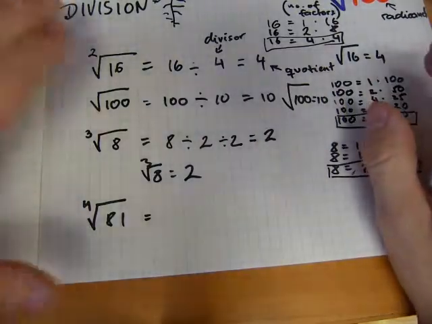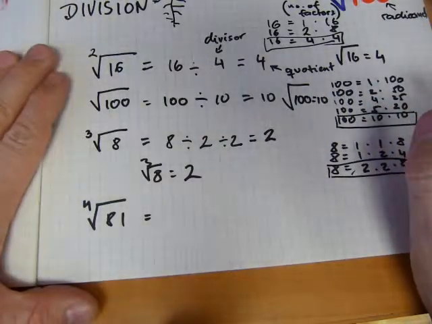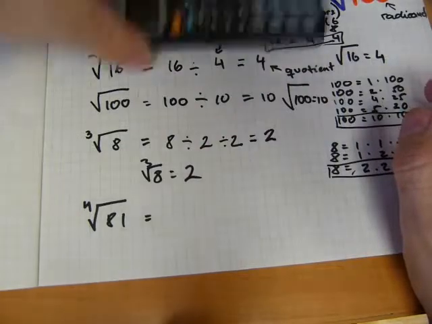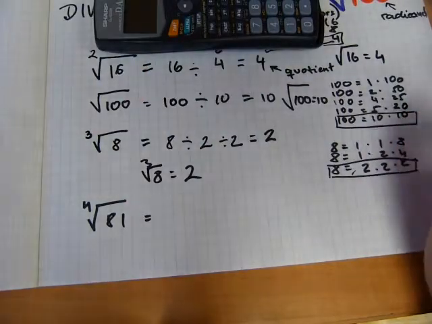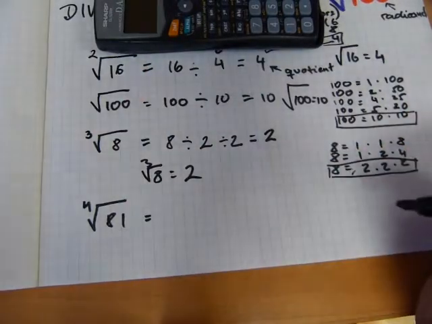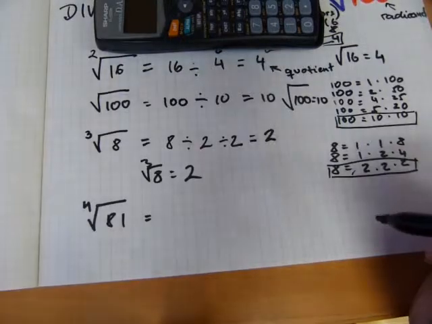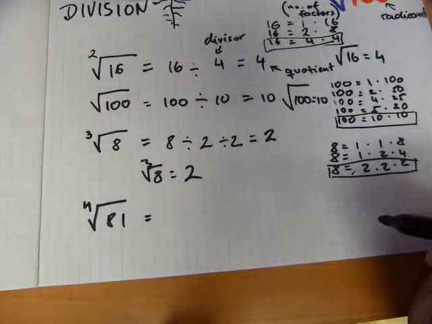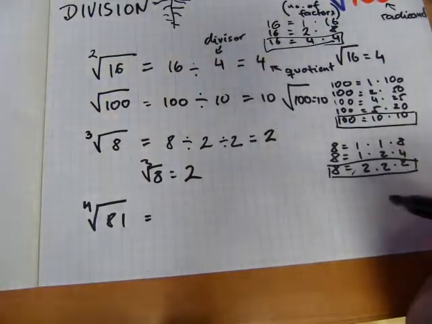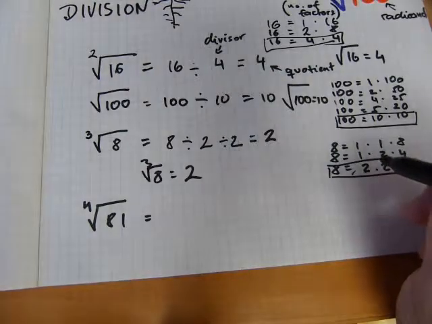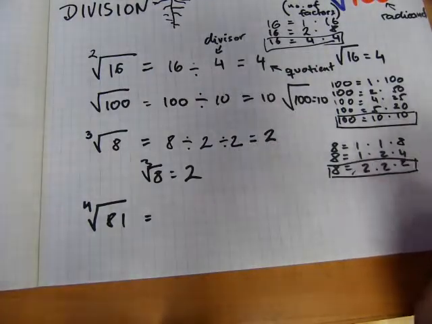So most roots are calculated on a calculator. I also have a video. You can also do this root computation by hand. It takes quite some time and some practice to be good at.